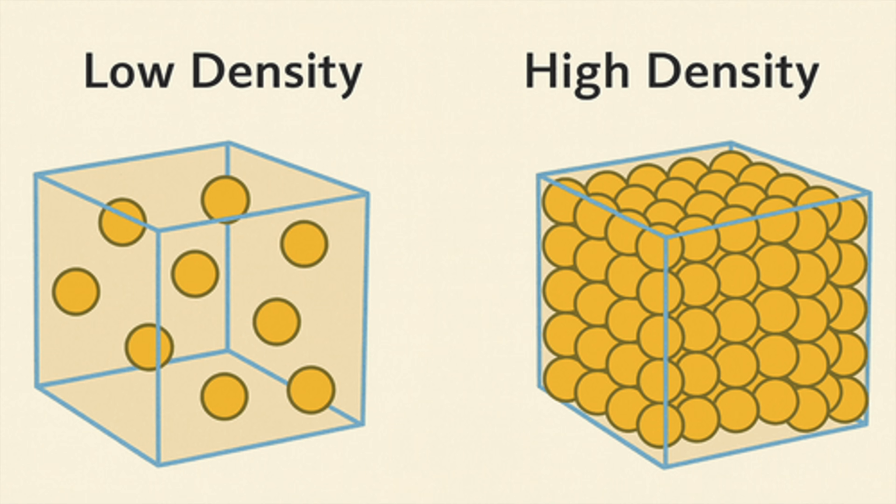First, we're going to be looking at density. It's one of the properties of matter, right? What is matter? Matter is anything that has mass and takes up space. Mass is, by simple definition, just the weight that the matter has. So this cube has more mass than this one.